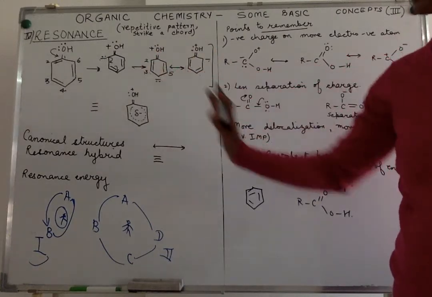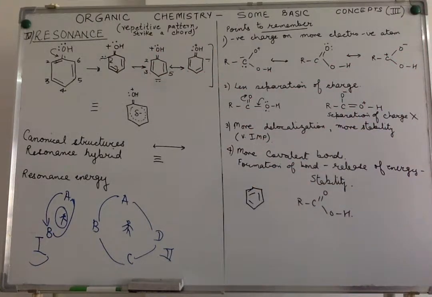In all these structures, if you see, we have not added or removed any electrons from the structure as such. The number of electrons, the number of atoms, everything remains the same. It is only the arrangement of electrons within the structures which has changed. So the possibility of the electron remaining in this structure is high.